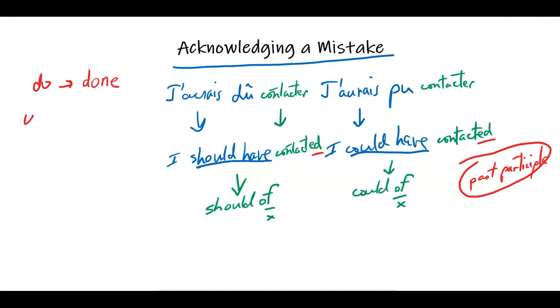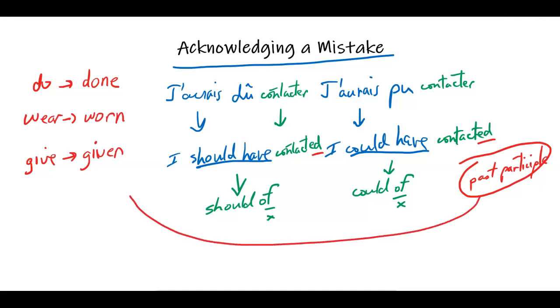Something like wear, let's say you're talking about wearing protective equipment, that would be worn. Okay, or something like give, that would be given. Okay, all of those are your past participle forms for irregular verbs.